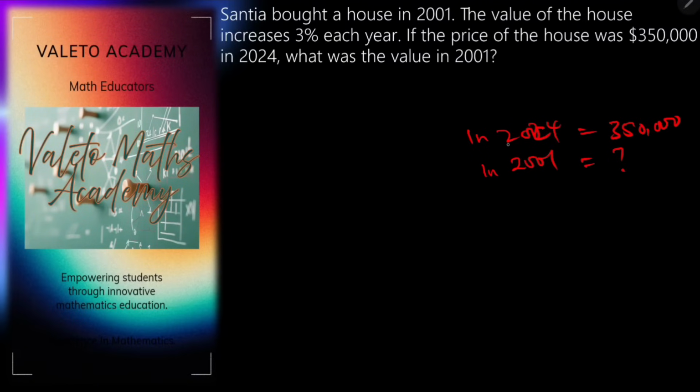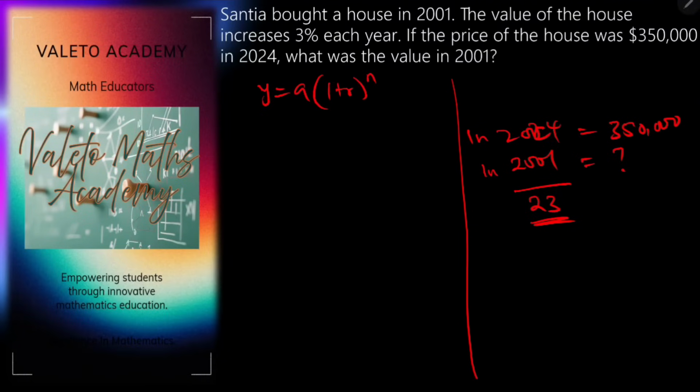Okay, so how many years between this now? 2001 to 2024, that's about 23 years. Okay, and is this a growth or a decay? It's a growth because she bought the house and it has increased. They say increases at 3%. So we have our formula to be y is equal to a multiplied by 1 plus r raised to power n.